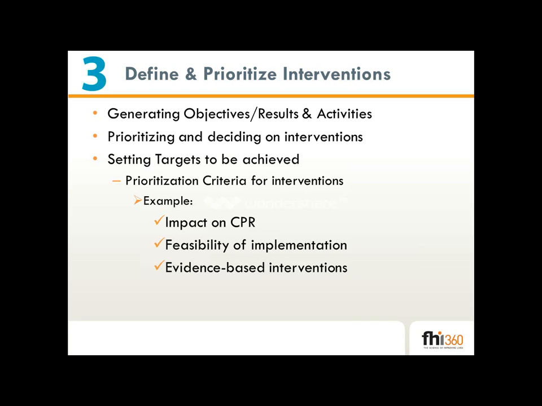This process also involves prioritization of interventions using clearly set and agreed upon criteria. Examples of the criteria may include the potential to increase contraceptive prevalence rate, feasibility of implementation, and the fact that interventions are evidence-based. Again, this is very similar to what we look at when we are developing scale-up plans.